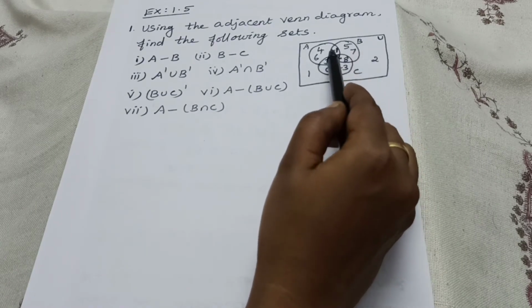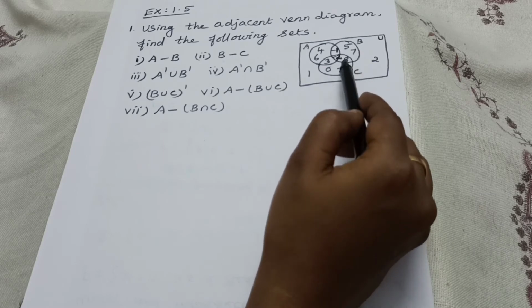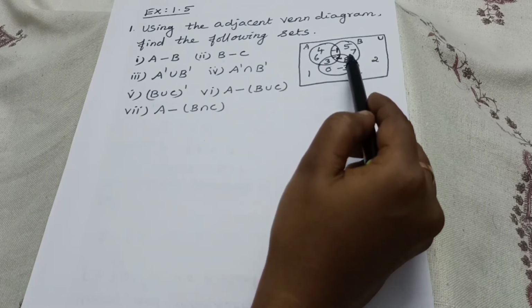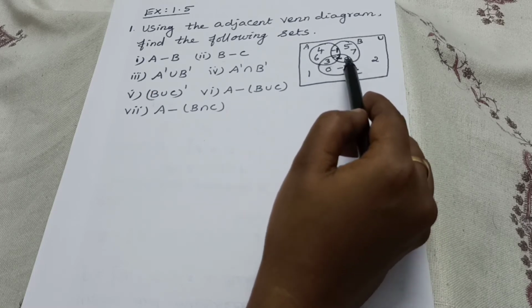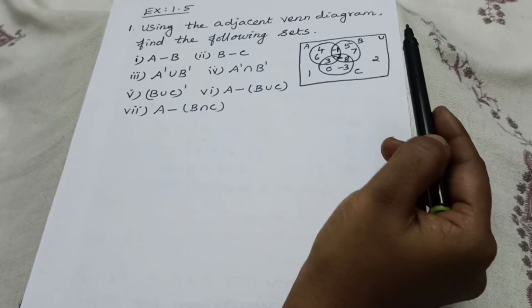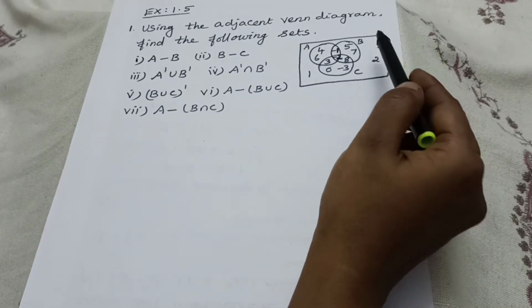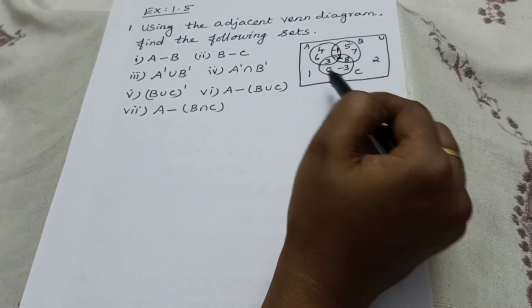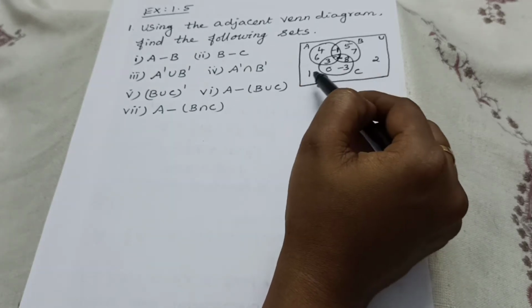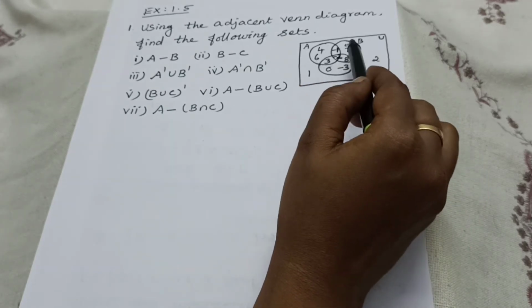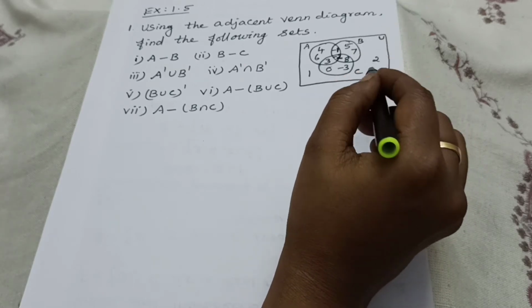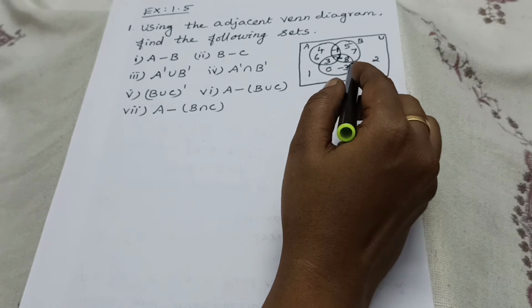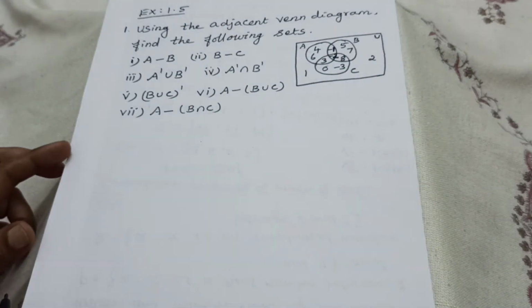B elements are minus 1, minus 2, 5, 7, 8. Then C elements are minus 2, 0, 3, 8, minus 3. The universal set means all elements. Have you understood? With the help of this Venn diagram, you have to find the answer.